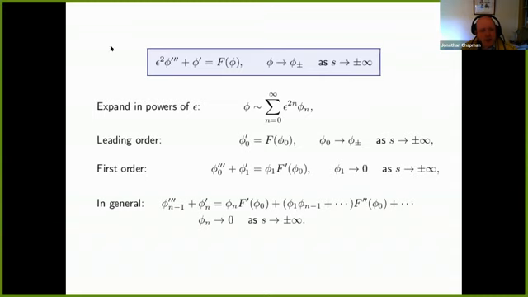At 1st order, you have phi 1 prime is, I've got to Taylor expand this term when I substitute this in, so I'm going to get an f prime of phi naught there, and then this term is going to start appearing. This is equating coefficients of epsilon squared here. And then in general, I'm going to get a phi n minus 1 from this term and a phi n from this term when I'm equating coefficient of epsilon to the 2n.